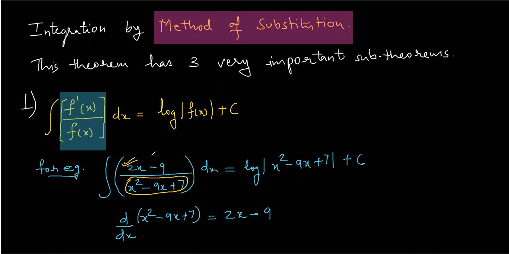This is corollary number 1. The second corollary is the integral of f dash x upon square root of f of x dx.